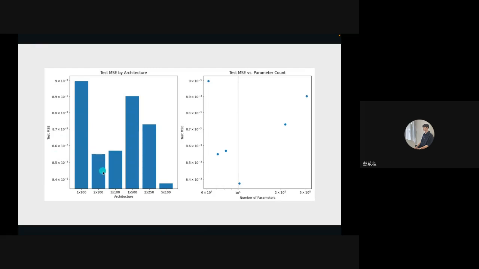For instance, you can see that 2 times 100 and 5 times 100 performed relatively well, getting as low as around 8.3 times 10 to the power of minus 3. We find that single layer networks like 1 times 100 and 1 times 500, or this one, 3 times 100, may do slightly worse.